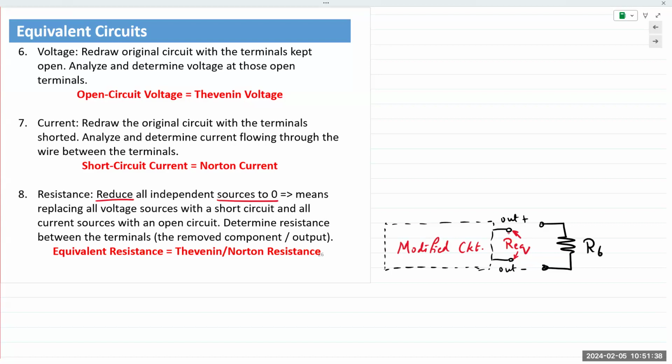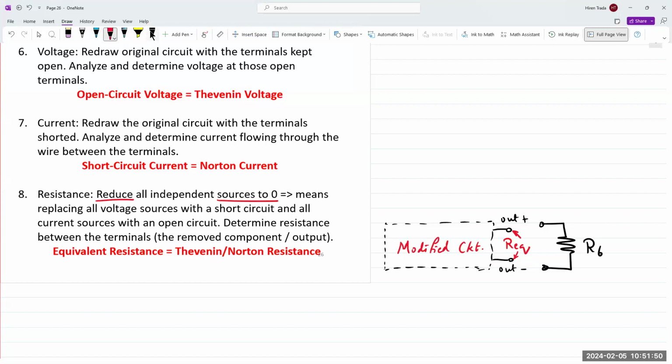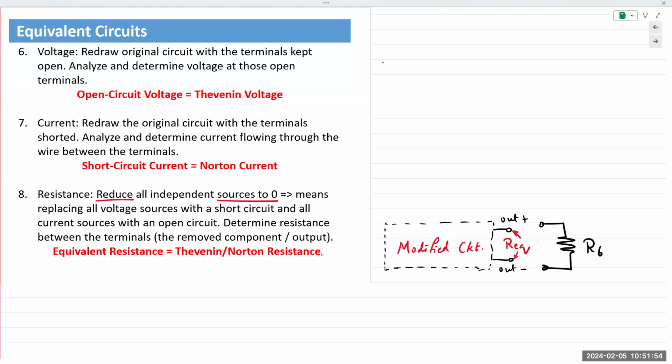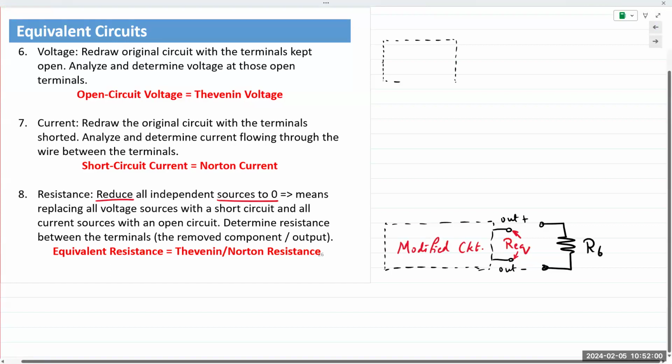The Thevenin voltage and the Norton current don't require much modification. The only thing that happens is at the output terminals. So we have our original circuit, right? What I'm going to do is, again, represent it as a sealed box.